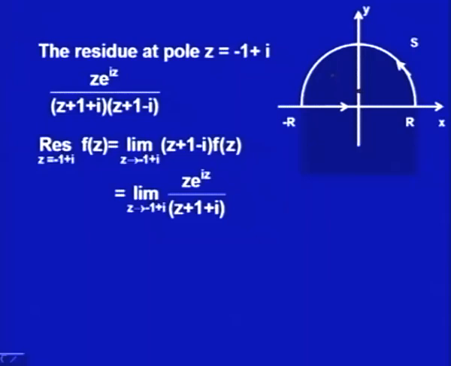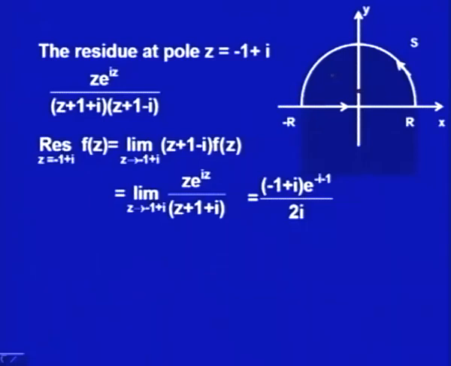Evaluating it, z would be minus 1 plus i, e to the power i into minus 1 plus i gives e to the power minus i minus 1, and z plus 1 plus i would be 2i in the denominator. So I am getting (minus 1 plus i) into e to the power minus i minus 1 upon 2i.